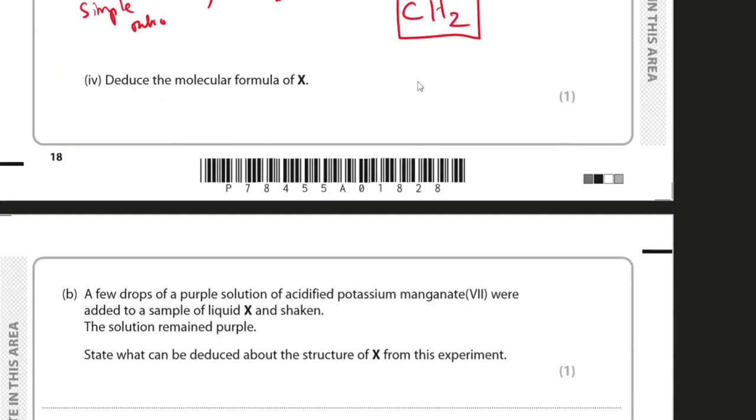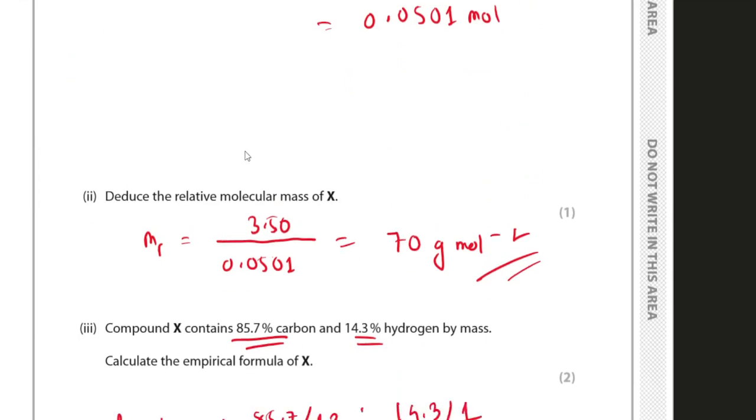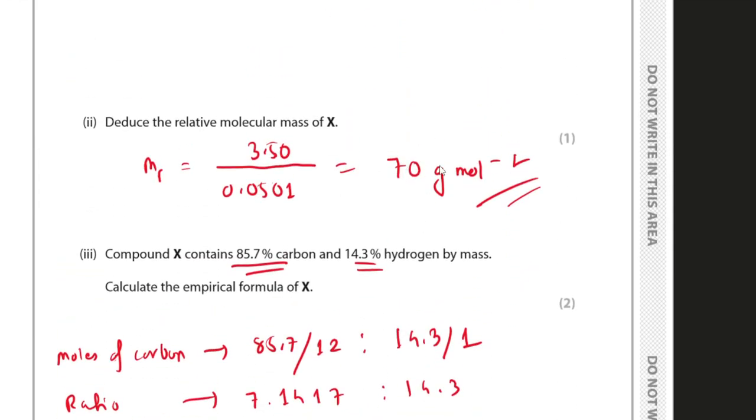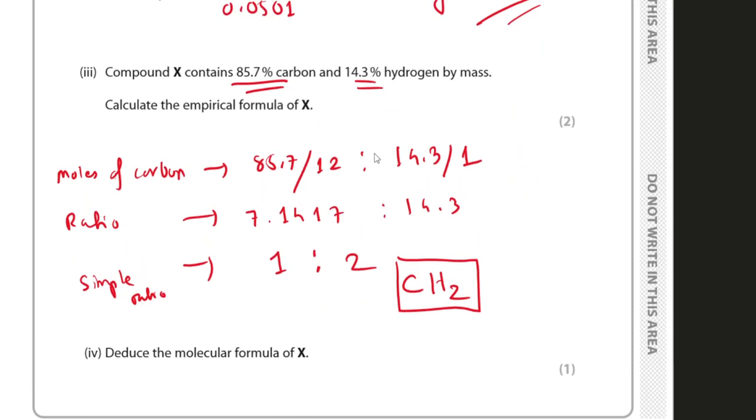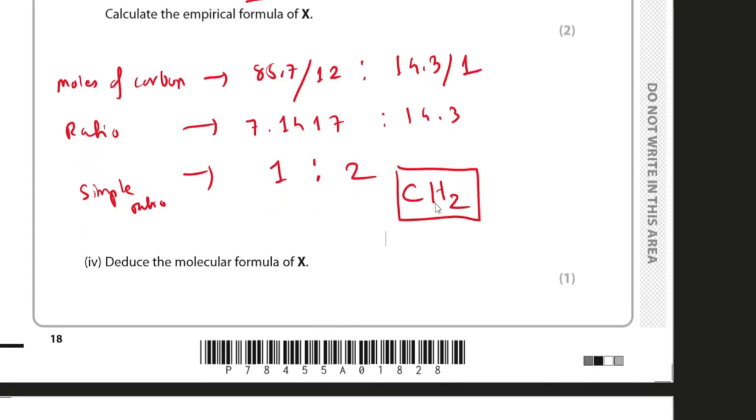Again, they say to deduce the molecular formula of X, and now this is very simple, since we know both of them. We know the molecular mass, which is 70 down here, and you also know the empirical formula down here.